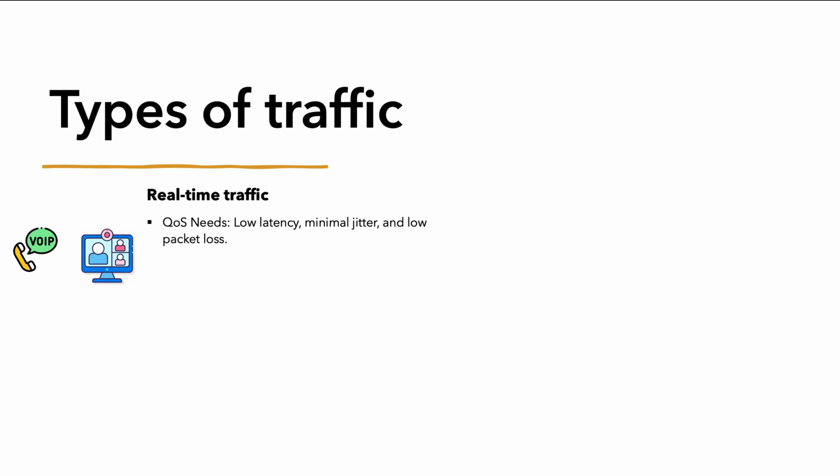Let's look at QoS needs for different types of traffic, starting with real-time traffic, such as VoIP or video conferencing. The QoS need for this type of traffic is low latency, minimal jitter, and low packet loss.